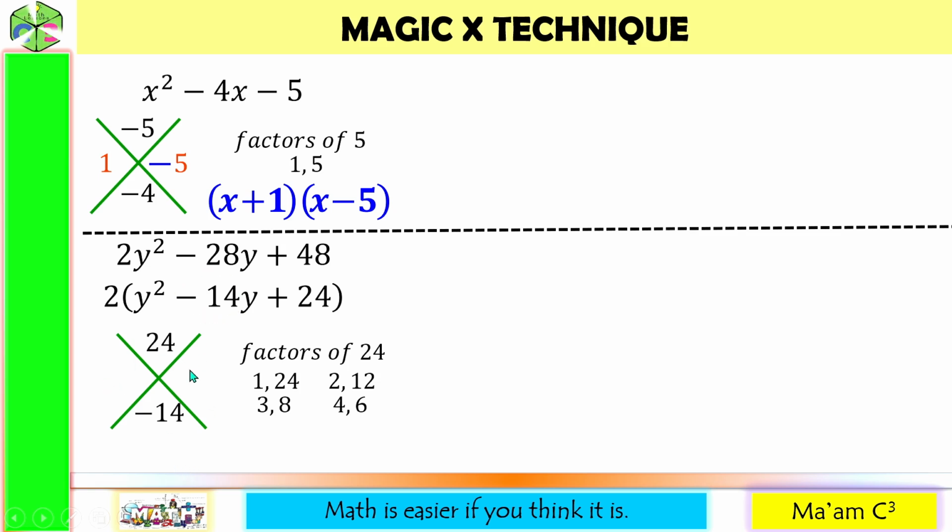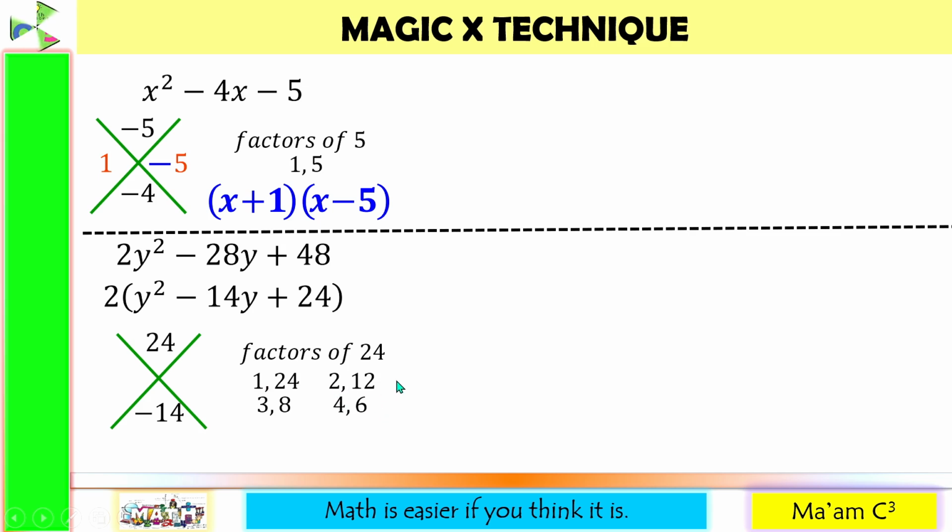And on the left and right, I'm going to choose one set of factors from this list. Ask yourself, among these sets of factors, which one would possibly give you a sum of 14? Would it be 1 and 24, 3 and 8, 4 and 6, 2 and 12?